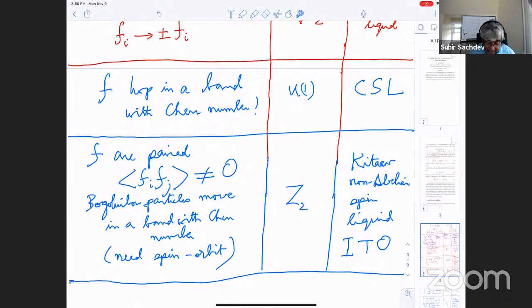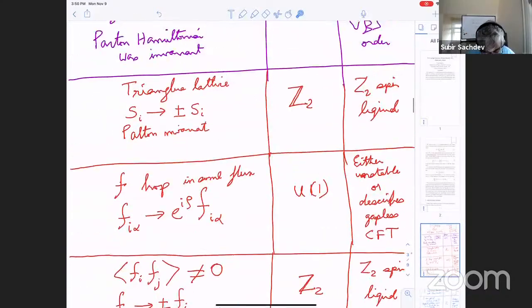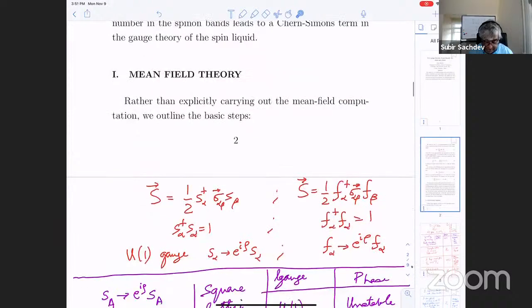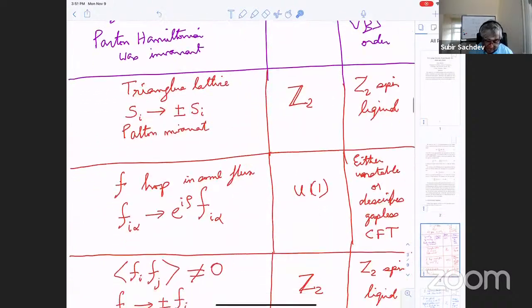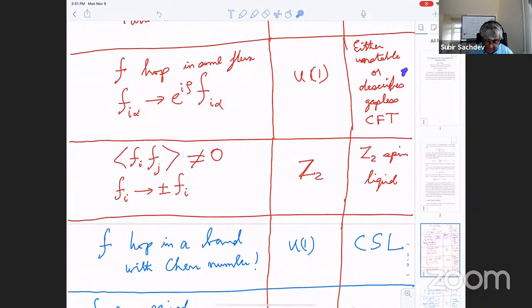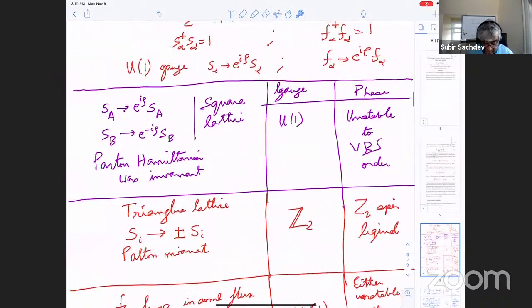All right. So now let's get moving. What I'm going to describe now covers both these cases, not the Z2 case here, which we'll just mention in passing, but then go on to the chiral spin liquid, which is easier to deal with, in fact.